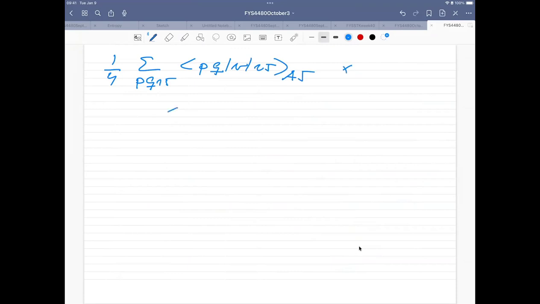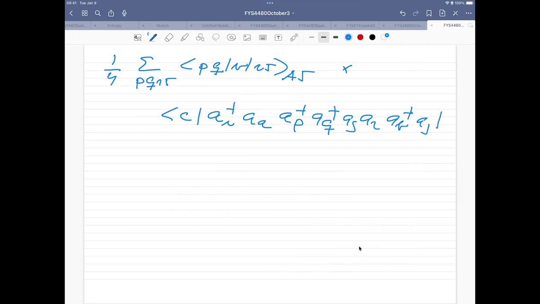And this is multiplied with an A_I dagger, A_A, and then we have the operators A_P, A_Q, A_S, A_R, and then I have my A_B and A_J with C. Now, the possible contractions we have here is obviously that we can set one of these operators to be contracted with that one, and that works fine.